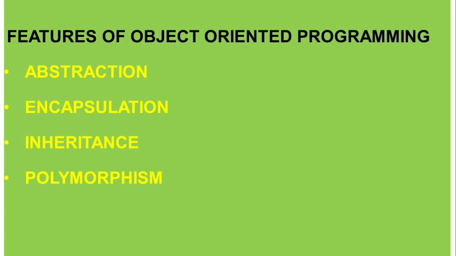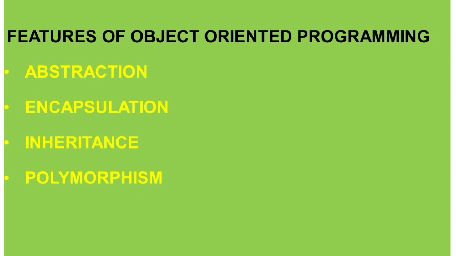Complexity means difficulty of the system. And abstraction provides only the essential features of the system to the user and hides the complex processes. And by doing so, abstraction helps us in achieving user-friendly applications. That means it helps us to create user-friendly applications.